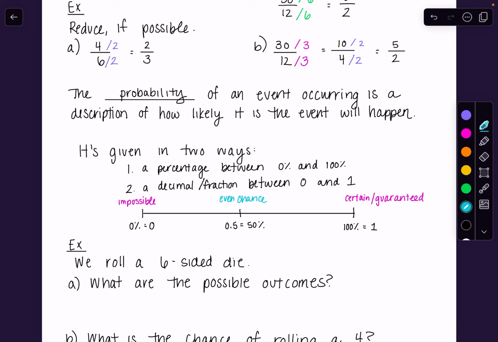You have a 50-50 chance of one of those events occurring. And then anything in between these you can classify as one of two things. So if it falls in that 0 to 50% chance, it's unlikely. But again, it doesn't mean it won't happen. It's just unlikely. And then 50 to 100, there is a likely chance this will occur.